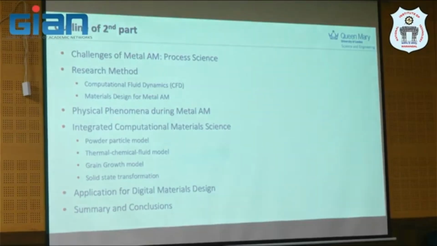We have to capture all physical phenomena present in metal AM and integrate them together, not only powder particles, which involve some assumptions, but also a thermochemical fluid model, to correctly predict the grain growth and the solid-state transformation. Hopefully this will apply to digital material design later.